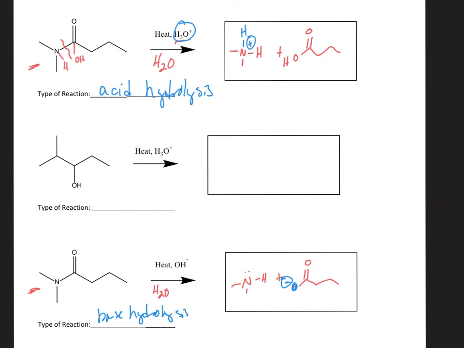Okay. That leaves us with perhaps the most difficult, or one of the more difficult. We have an alcohol, and we're adding heat in the presence of an acid. Well, remember, an alcohol with heat and acid causes a dehydration to happen.